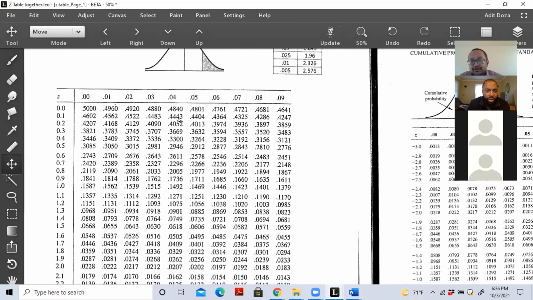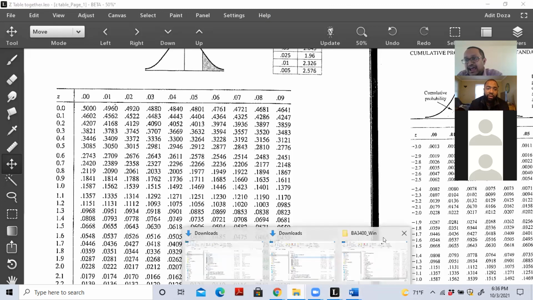Well, wait. I thought if you have the degree of freedom given, and the standard deviation is unknown, you would use a degree of freedom, right? See, you want to use the table to calculate the p-value, right? For the t table, we didn't cover that in class, and we are not going to ask you questions on that.